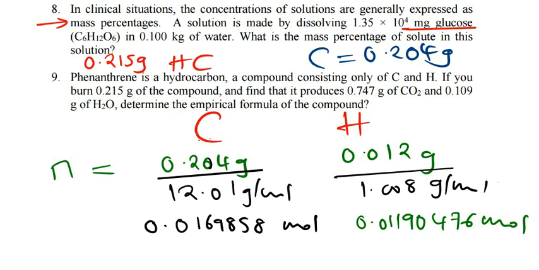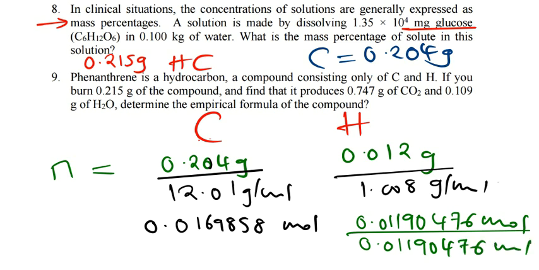Okay, so now these are the number of moles. You have to look now for the one that's smaller. Which one is smaller between the two? The one on the right. So I can divide by the smaller one, which of course would give you a 1.